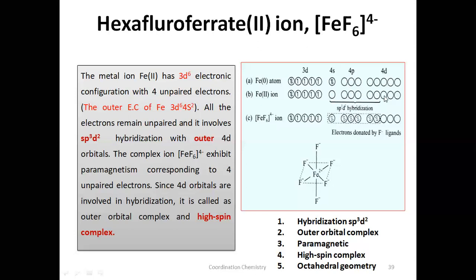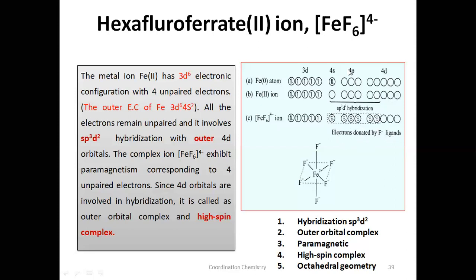These orbitals will undergo hybridization to give 6 hybridized empty sp3d2 orbitals that are indicated here in this dotted square bracket. Into these vacant hybridized orbitals, the fluoride ion will donate a pair of electrons and form a coordinate covalent bond. See here, the dotted arrows are the electrons donated by F- ligands.